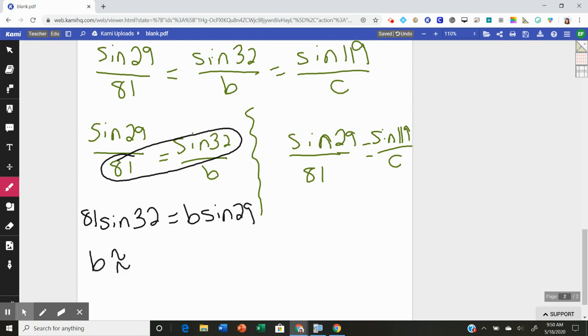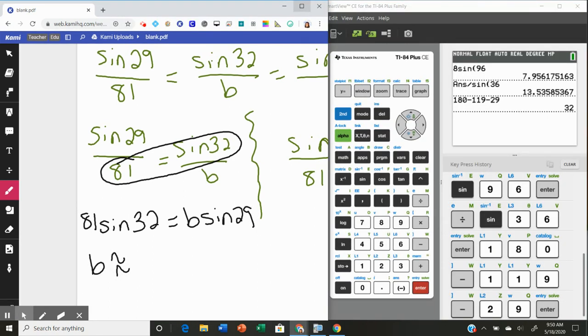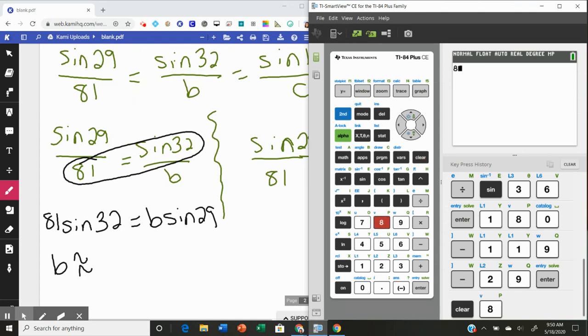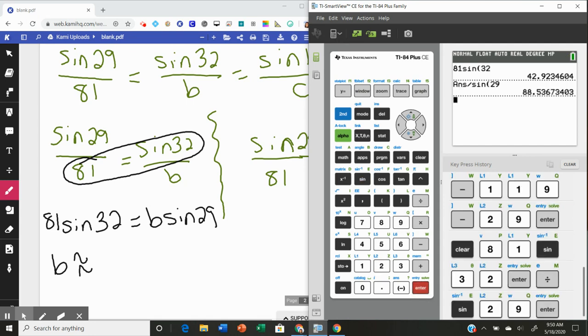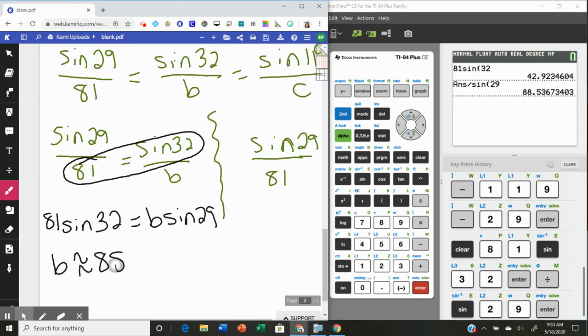So B is going to be about, let me clear this out. I need 81 times the sine of 32, and then I need to divide that answer by the sine of 29. So I get about 88.54 units.